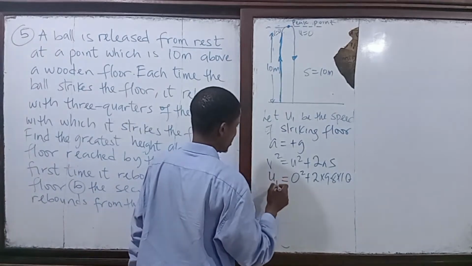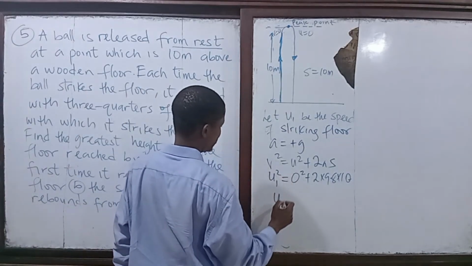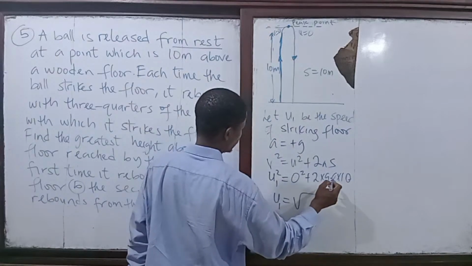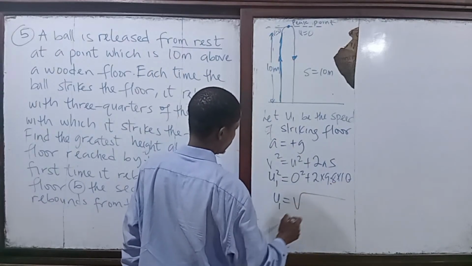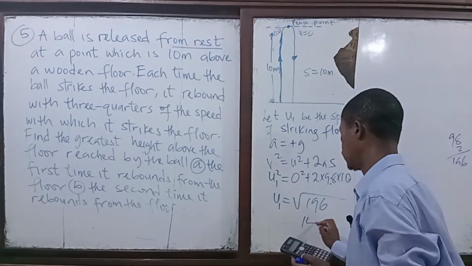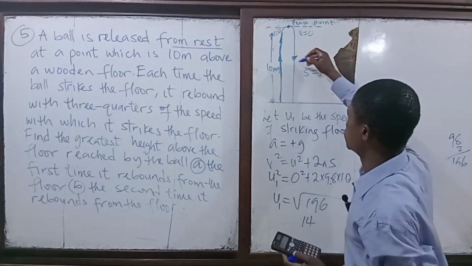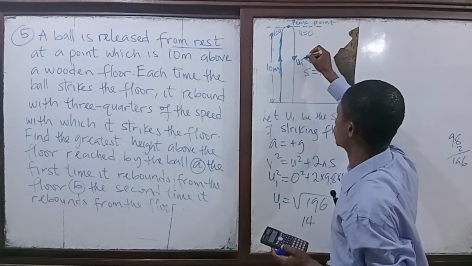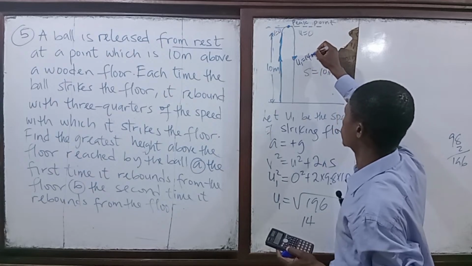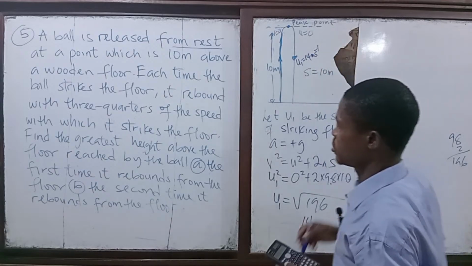So u1 squared equals 98 times 2, and u1 is the square root of that, which is 14. So u1 is 14 meters per second, the speed at which it strikes the ground.